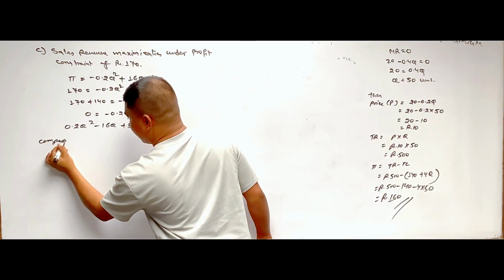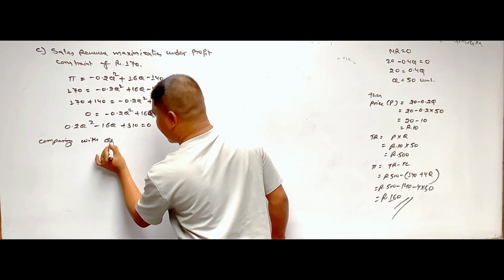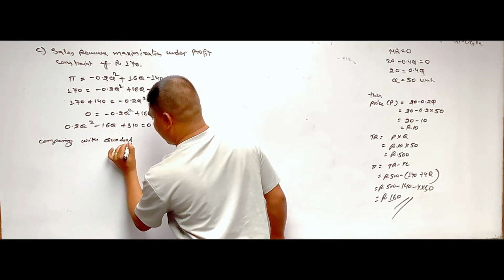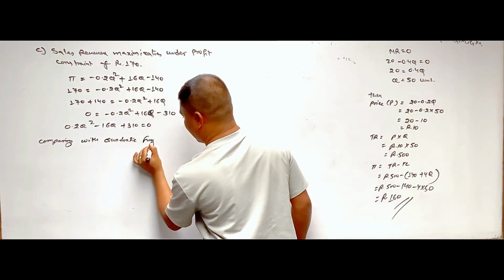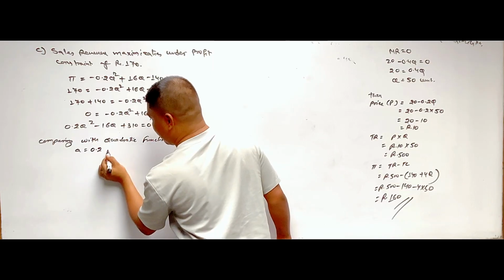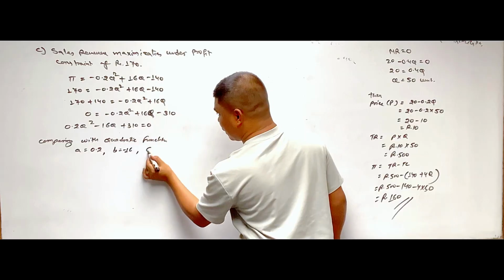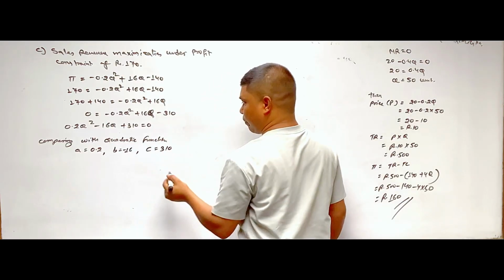Comparing with the quadratic function, a equals 0.2, b equals minus 16, and c equals 310.